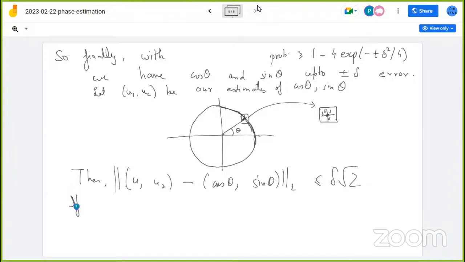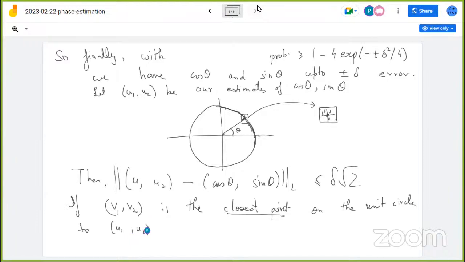If V1, V2 is the closest point on the unit circle, I'm choosing the closest point, but you can do almost anything and it will work. Closest point is the easiest one.